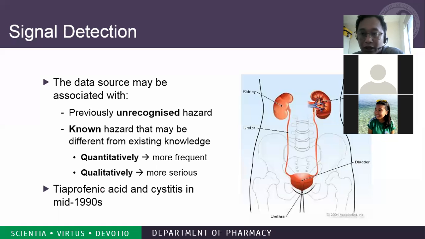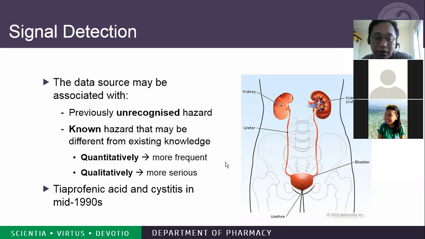You have the picture here. This is to give an example of the adverse reaction of tiaprofenic acid. Tiaprofenic acid, I think, is an analgesic or painkiller, and cystitis is an inflammatory reaction in the urethra.